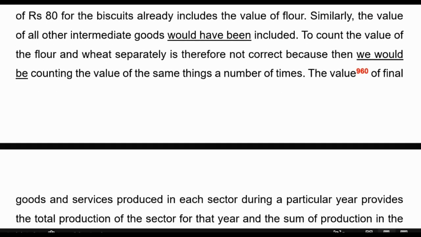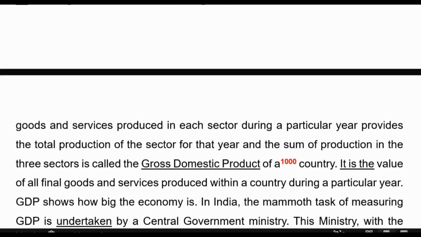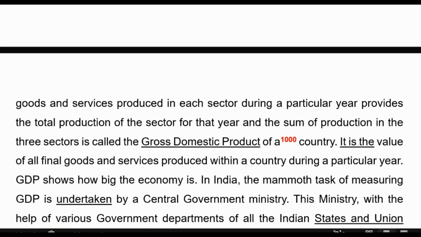The value of final goods and services produced in each sector during a particular year provides the total production of the sector for that year, and the sum of production in the three sectors is called the gross domestic product of a country. It is the value of all final goods and services produced within a country during a particular year. GDP shows how big the economy is.